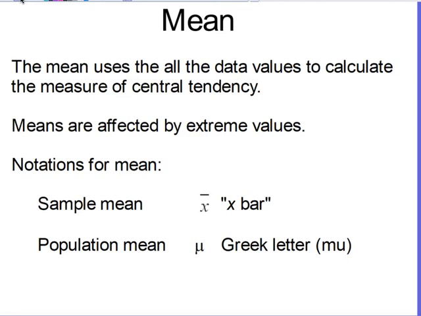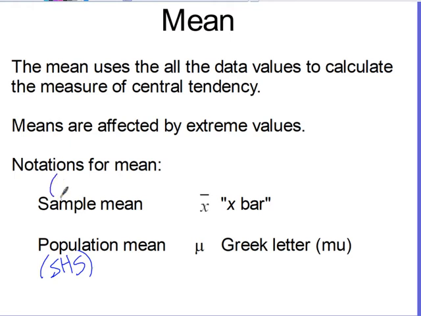Symbol-wise, if you're ever dealing with a sample mean, it's an x with a bar over the top of it, so x bar. If it's the population mean, it's the Greek letter mu, a u with a tail going in one direction. For example, if we got a mean that came from the entire Cheyenne High School, and that's our population, we'd use mu.